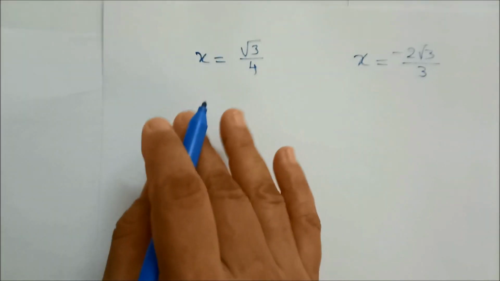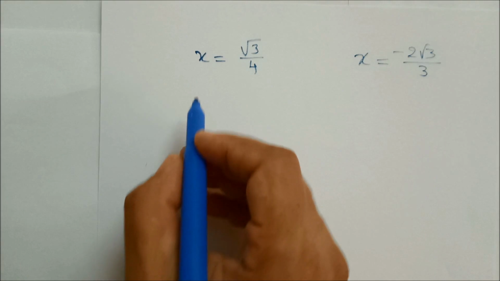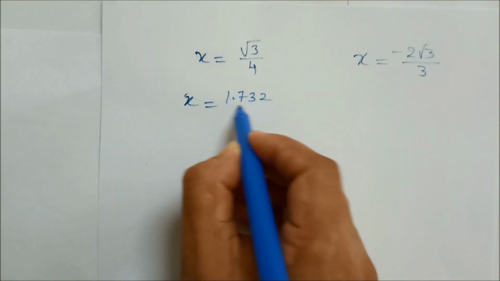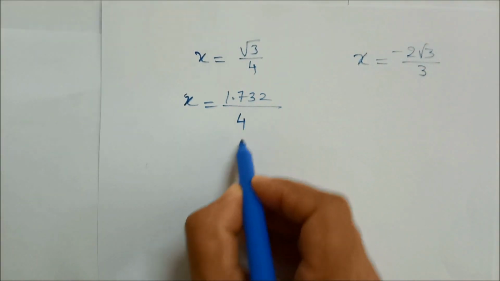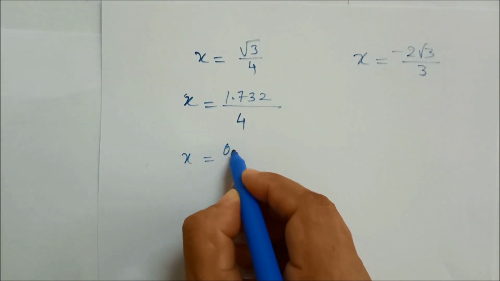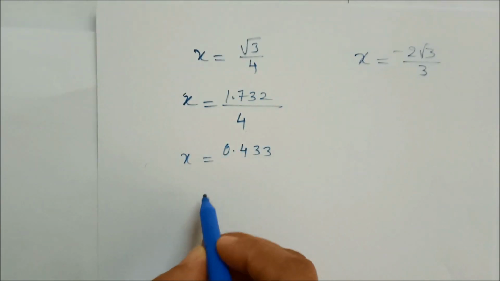Here we will replace the value of root 3, and as we know root 3 is equal to 1.732. So we will write the value of root 3, that is 1.732, and we will divide it by 4, so that we get 4 4s are 16, remaining 1, 4 3s are 12, 4 3s are 12.